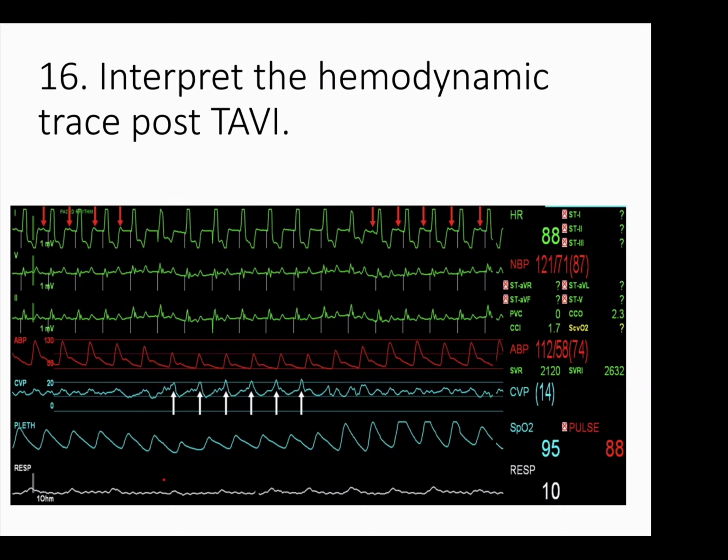So, interpret the hemodynamic trace post TAVI. A lot of things are happening here. For your ease, I have labeled some arrows. You have to identify what is happening here.